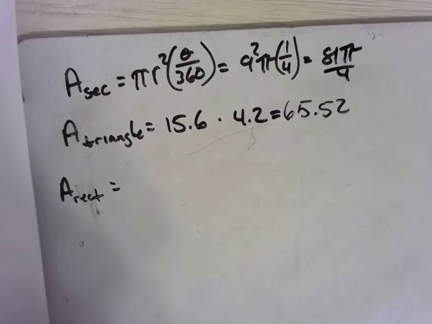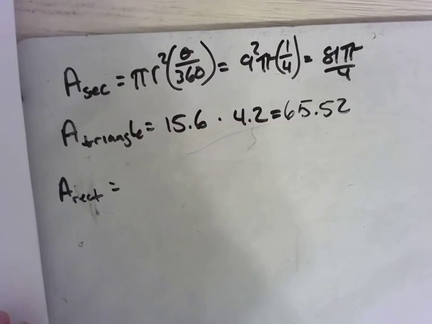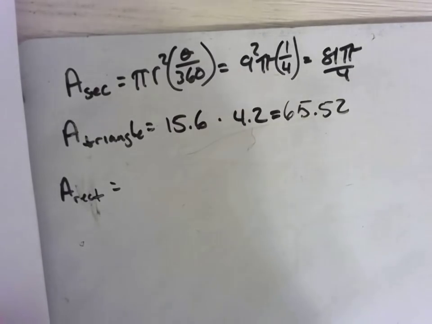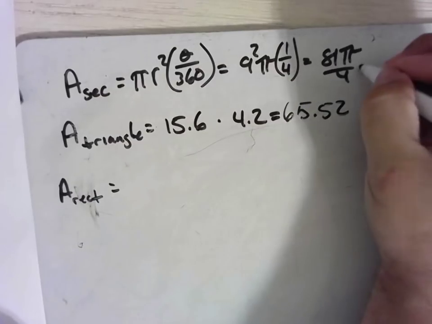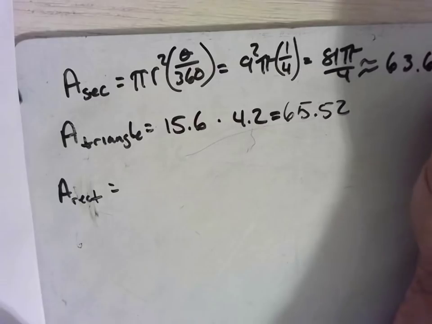So if I do 81 times pi divided by 4, that is approximately 63.62.